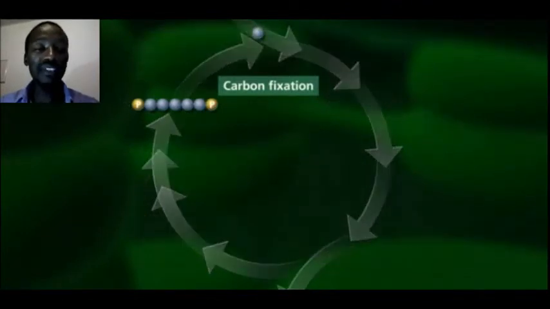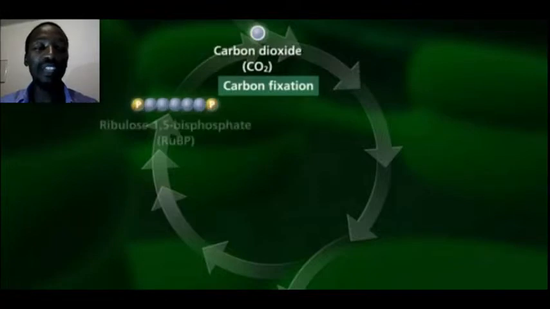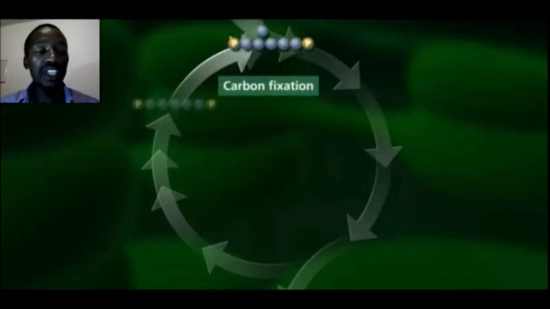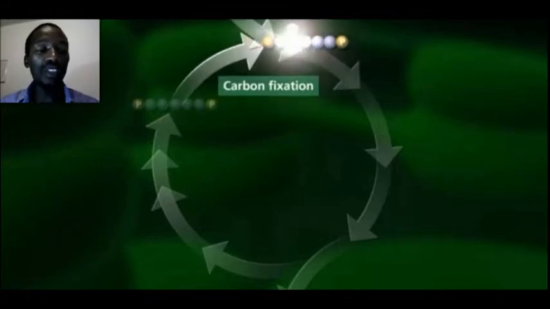Now this part is very complicated, but try to stick with me here. This process actually starts with rubisco. Rubisco, or ribulose 1,5 bisphosphate, is the starting point here, a five-carbon molecule that splits into two 3-carbon molecules.